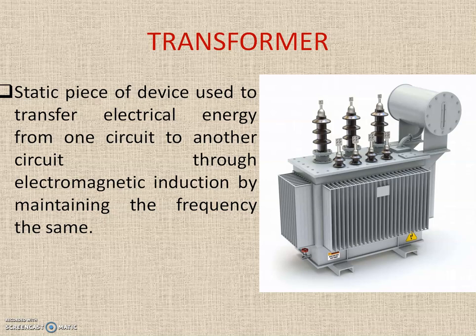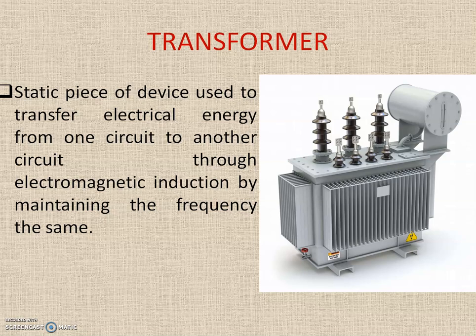Basically a transformer has two sides, a primary and secondary. The primary side is connected to an alternating supply, and at the secondary side you will get the induced voltage or current, which is by mutual induction. And that voltage will be of the same frequency as that of the supply voltage.